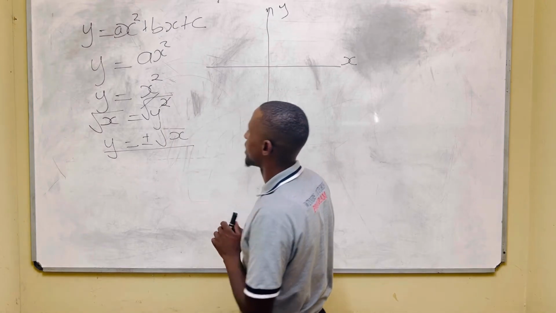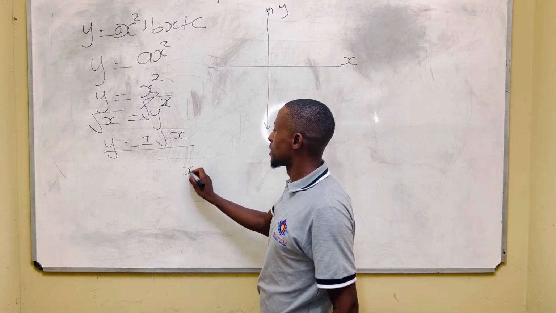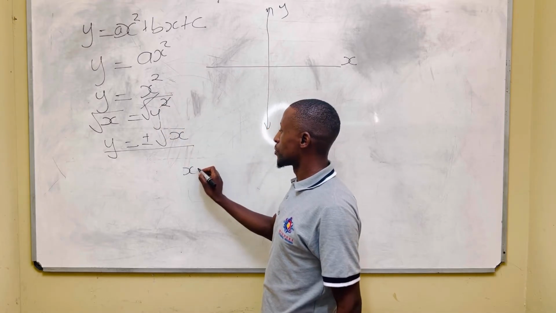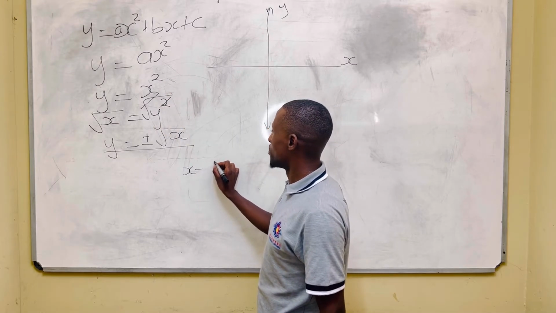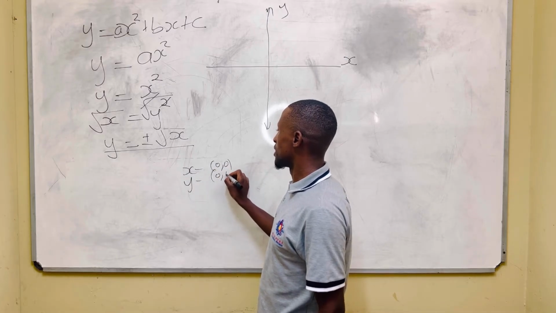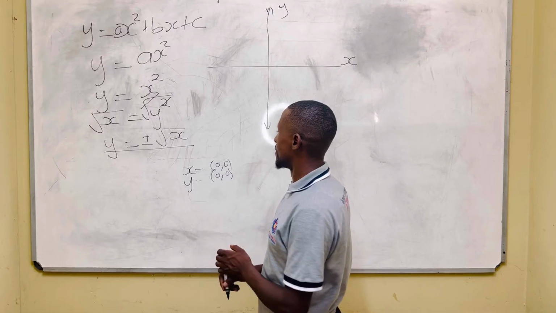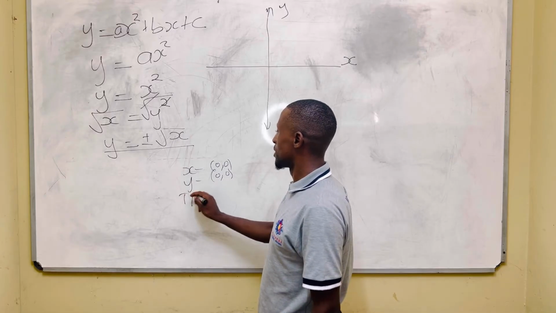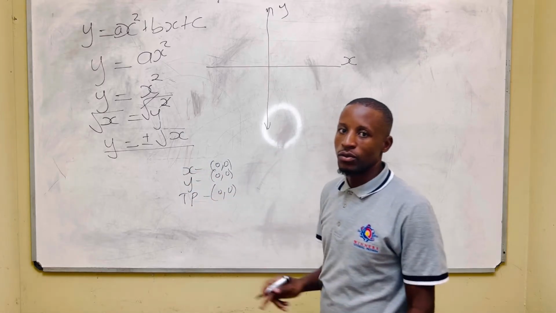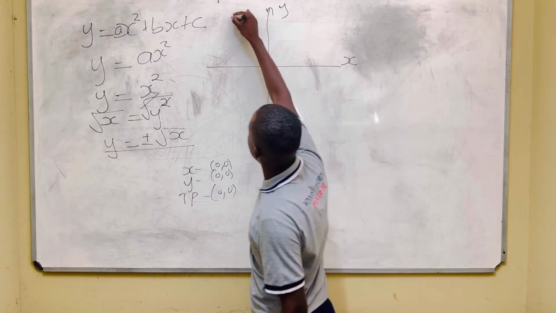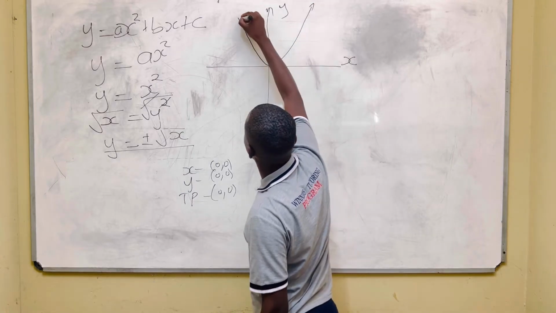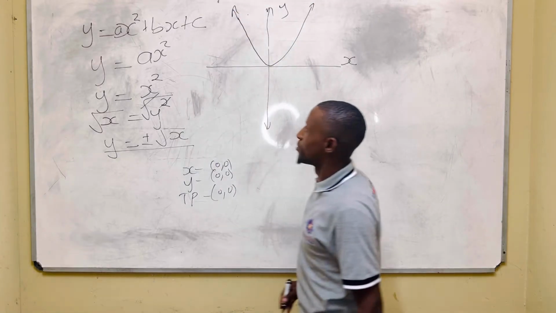You must know that if it's given without b and c, the x-intercept will be at (0, 0), the y-intercept will be at (0, 0), and the turning point will be at (0, 0). In terms of the shape, because a is positive, it's going to face up. So this is how it's going to be.